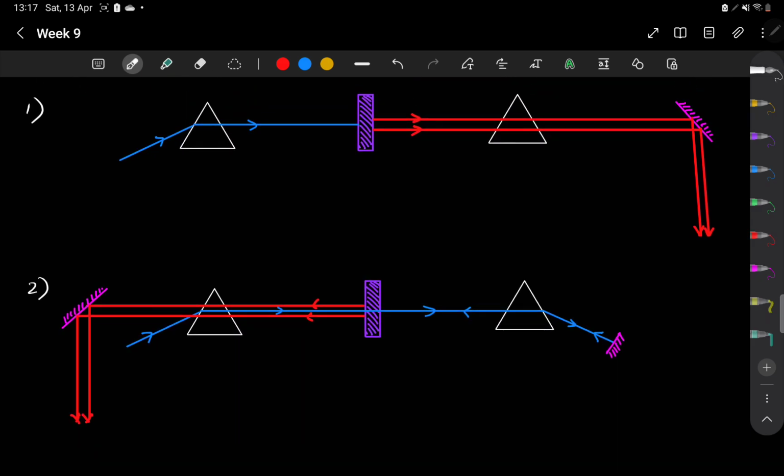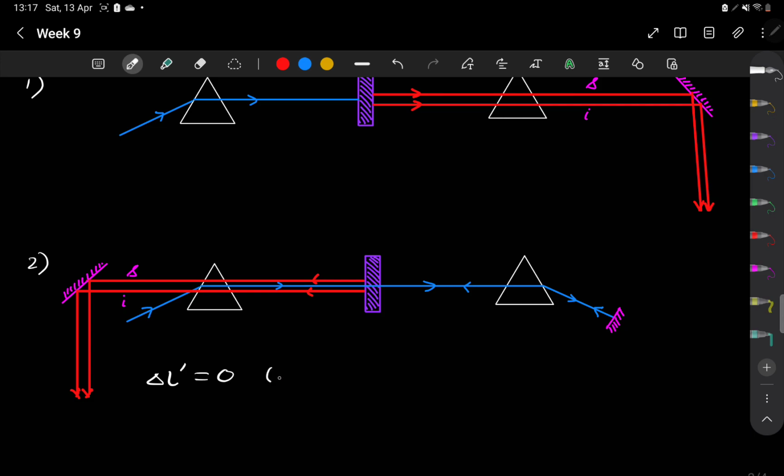And as you can see in this setup, if this is your signal and if this is your idler, and here if this is signal and this is idler, you can clearly see that delta L prime will be 0 because both the signal and idler path lengths are the same.